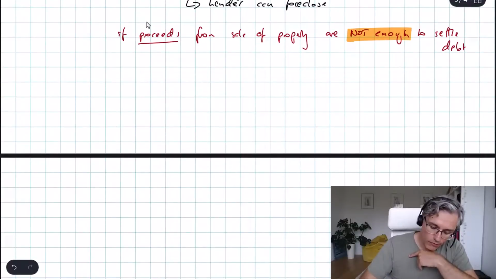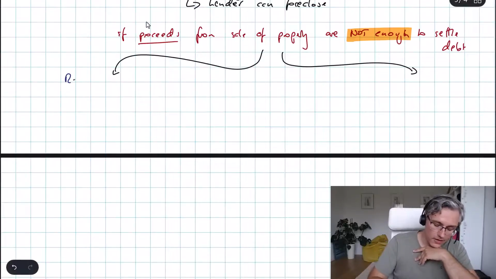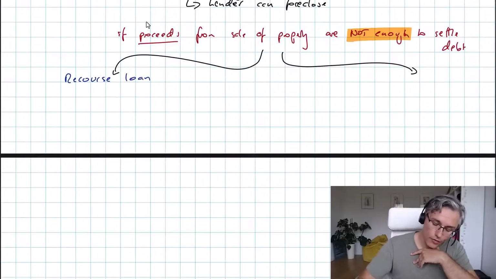Well, then there are two things that may happen, and everything depends on how the loan is structured. Because a loan may either be structured as a recourse loan or a non-recourse loan.